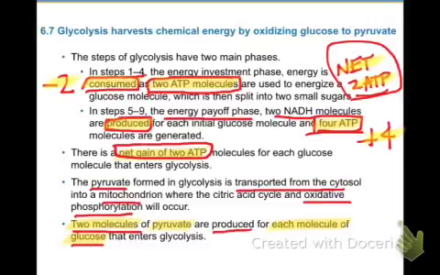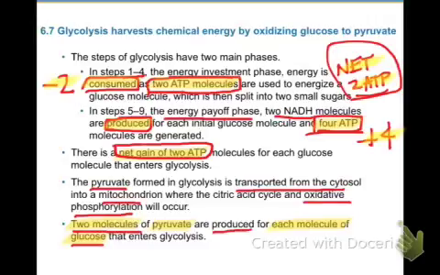Okay. I'm going to highlight this here. Consumed 2, produced 4, and so it gives you a net gain of 2 ATP. All right, that's important. That's important to kind of pick up there.